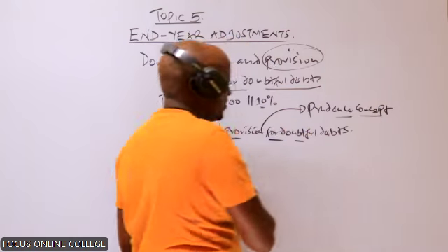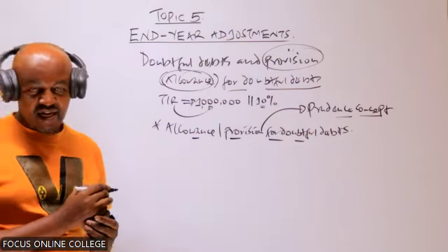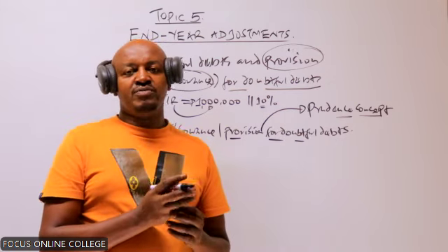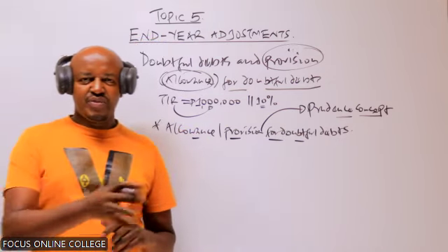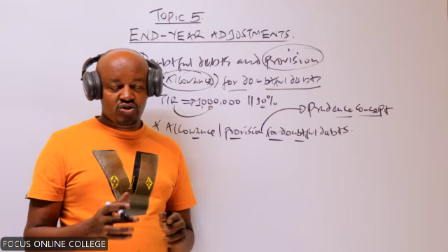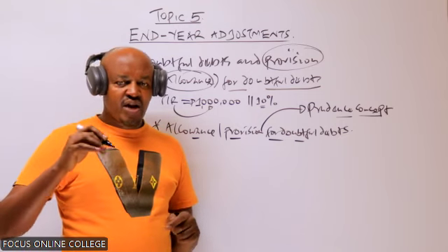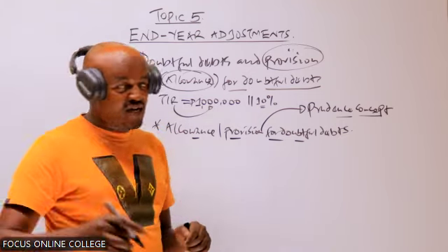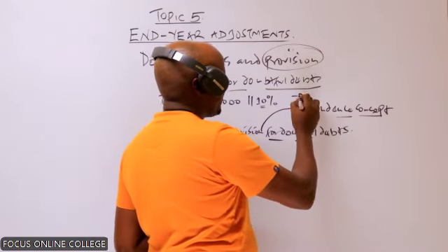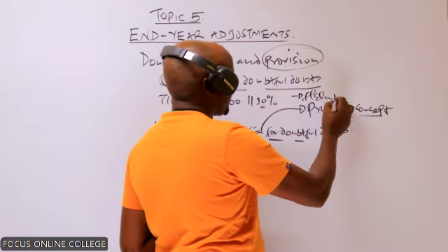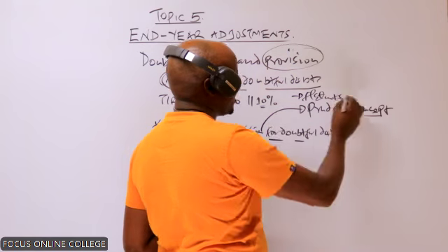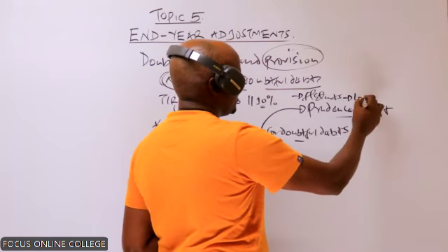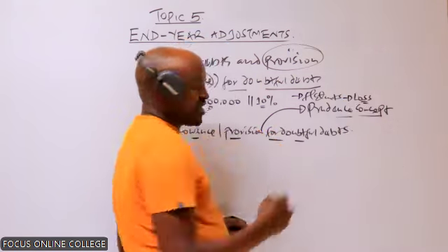The prudence concept is an accounting principle which is used in the preparation of the financial statements. It states that if you are the owner of the business, or an accountant preparing the financial statements at the end of the year, you may expect to incur some losses in the future.